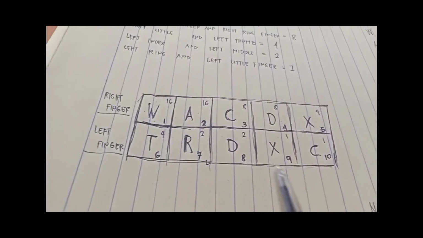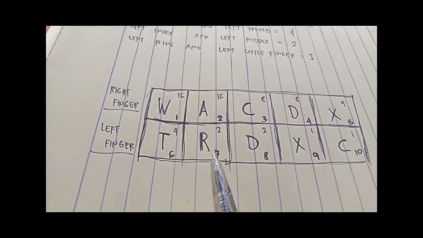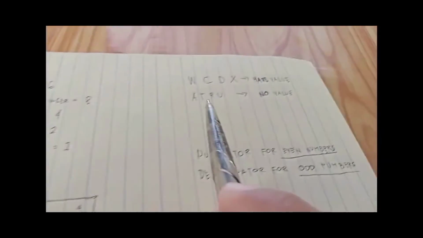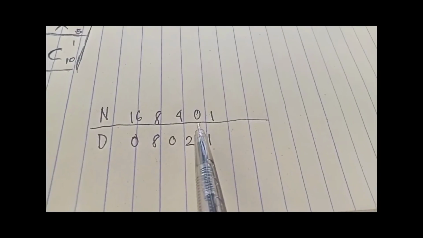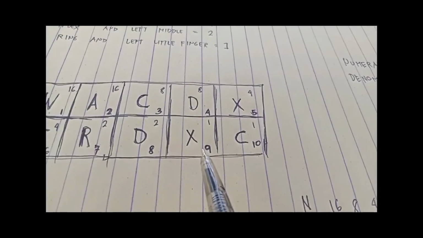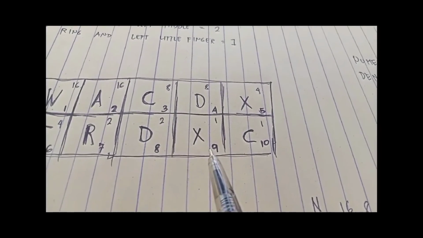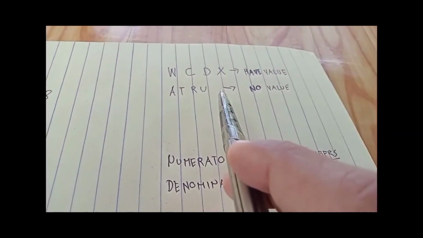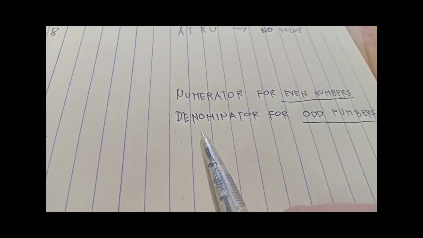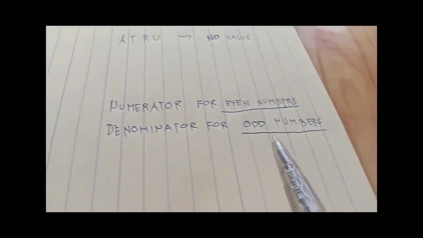And next is the radial loop. Radial loop has no value, so I put 0 here. And next is the accidental whirl. Accidental whirl has value, so I put 1 here. Next, we will proceed to the denominator, which is for odd numbers.